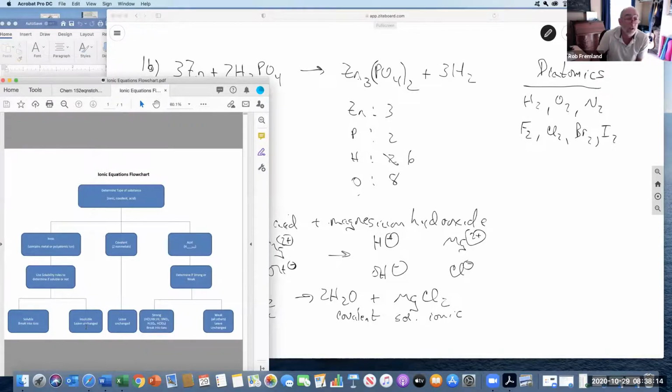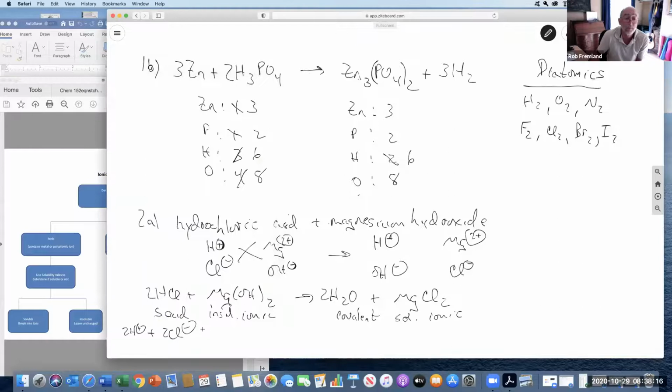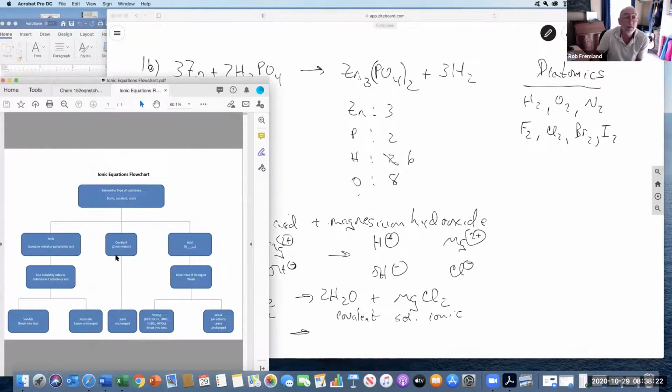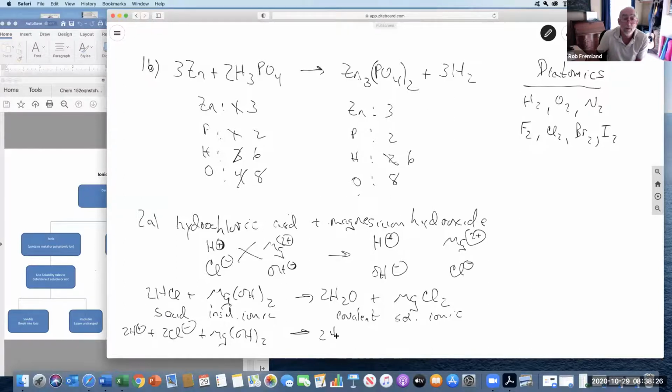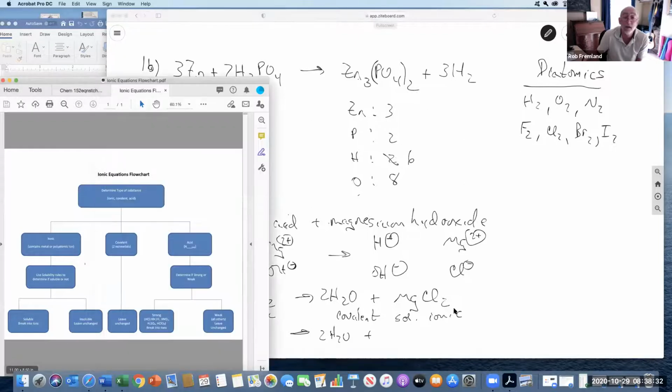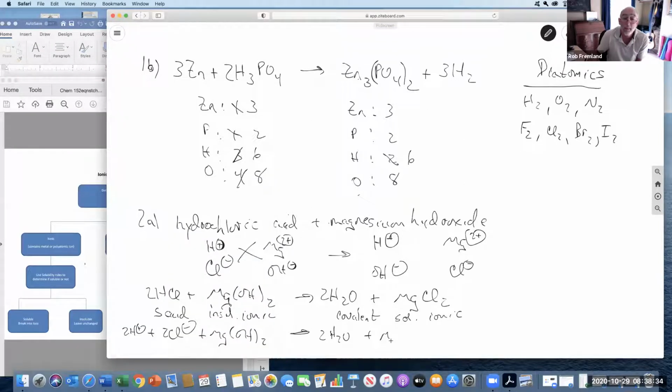Insoluble, we leave unchanged. So we just leave it alone. Covalent, we leave unchanged. So 2H2O. And then the soluble ionic, we break into ions, like that.